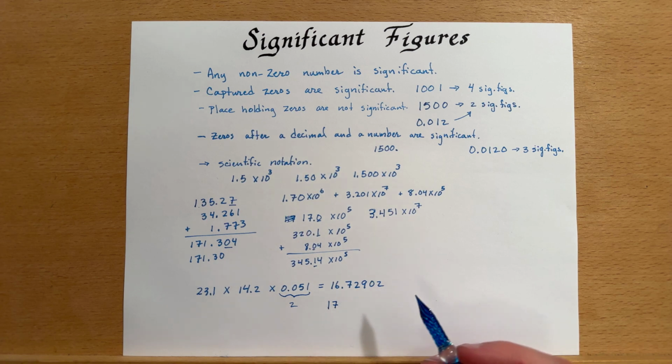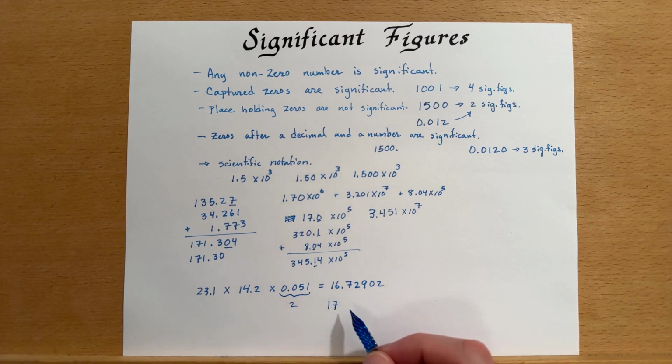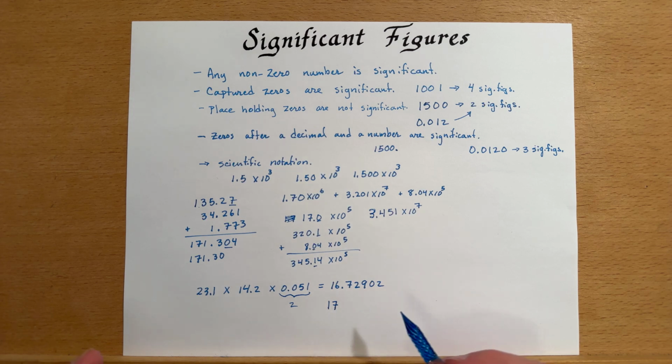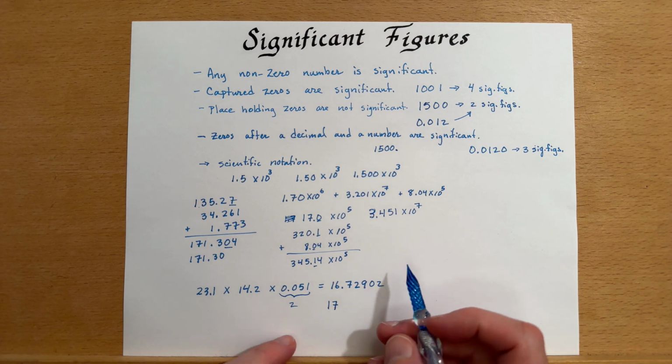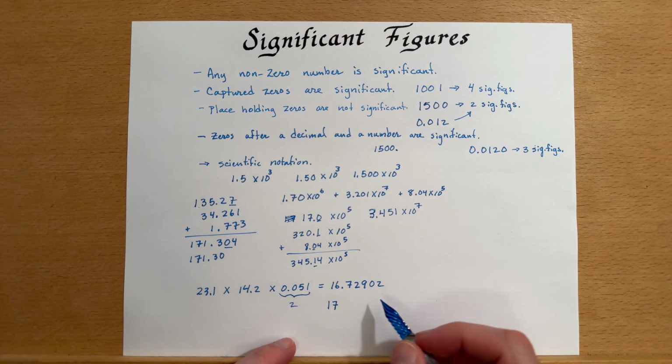However, a lot of times that does feel like it's unnecessarily rounded, and usually we like to keep a little bit of the extra information, especially with low numbers of significant figures. If this number already had 4 or 5 sig figs, then we're probably okay with that. But when we round it off to just 2, it does lose quite a bit of information. So sometimes we'll write it this way.